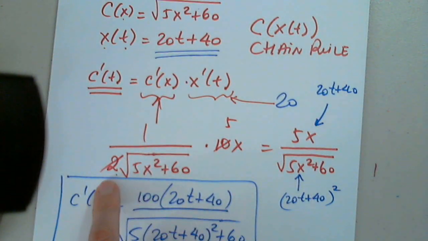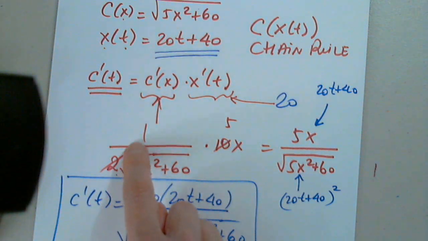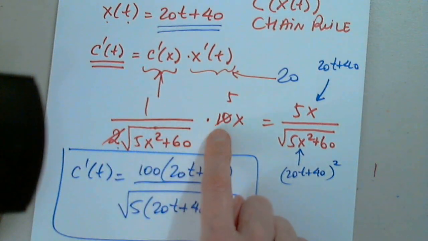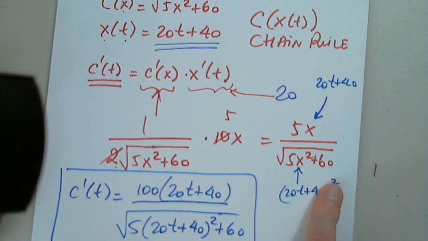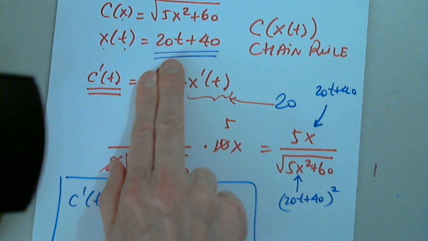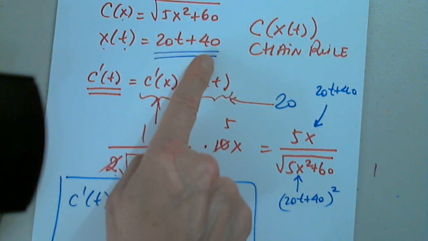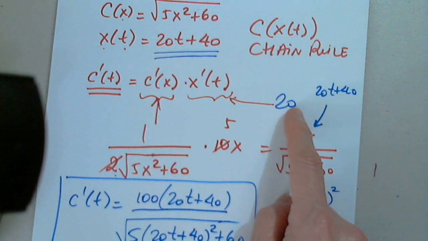So you said 1/2 the square root of the function times the function prime, which is 10x. I simplified by 2, and I got 5x over this. So we have this piece. This is very easy. It's a linear function. You differentiated this with respect to t, and you got 20.